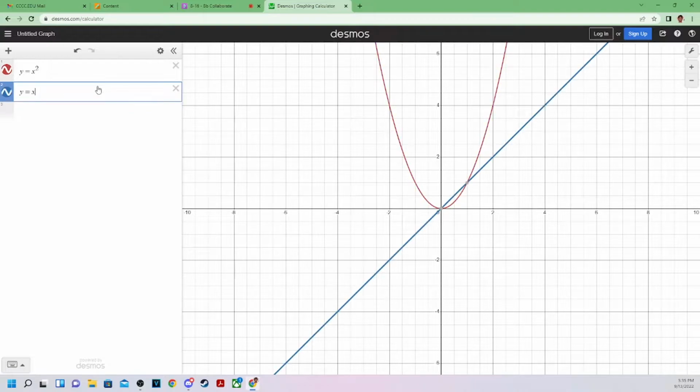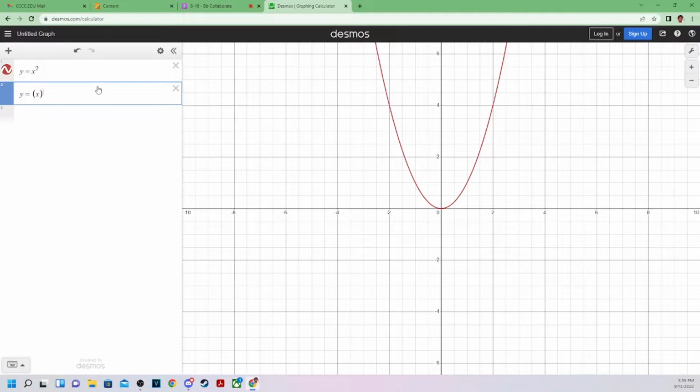Now, when we're talking about stretches and compressions, you want to think of it like a rubber band. If I do a vertical stretch of my function x squared, it might look something like this. The blue one is your transformed function. The red one is your parent. Notice that if you imagine a rubber band and I stretch it upwards, it gets skinnier. Now, I can also do a reflection across the x-axis or the y-axis.